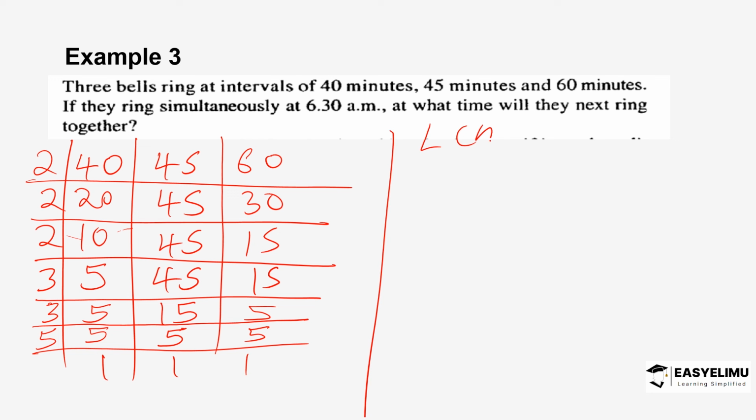So we have the LCM of 40, 45, and 60. So you simply multiply all these.